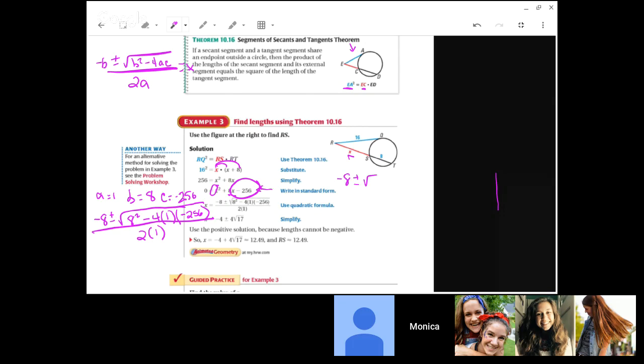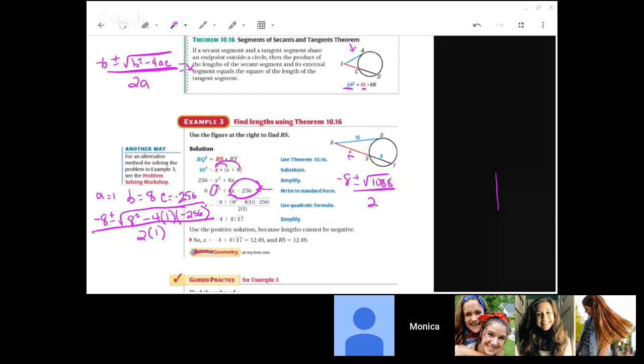So we're going to now have -8 plus or minus the square root of 1088 all over 2. So now in your calculator, if you take the square root of 1088, you can do -8 plus that and then divided by 2, or -8 minus that and then divided by 2.